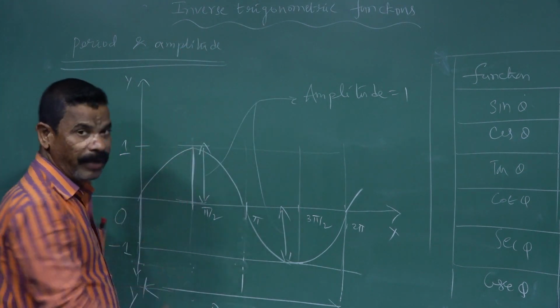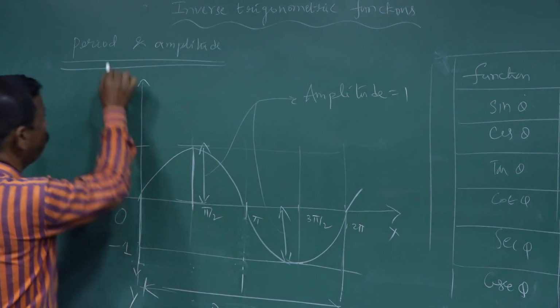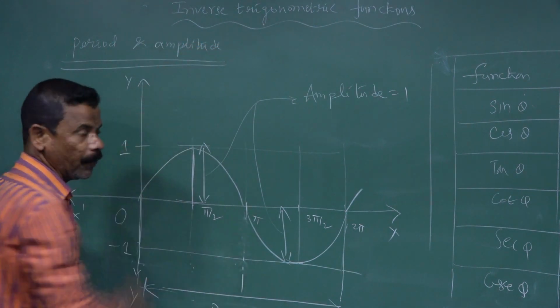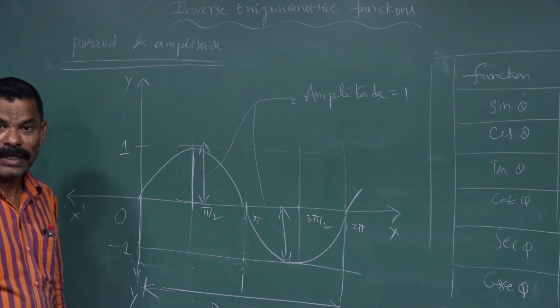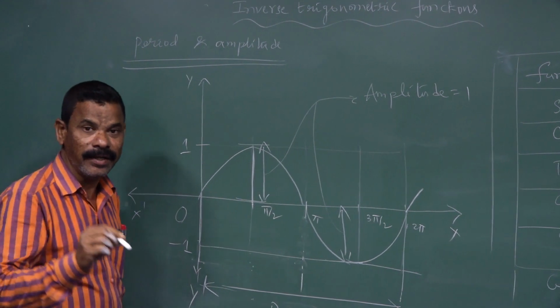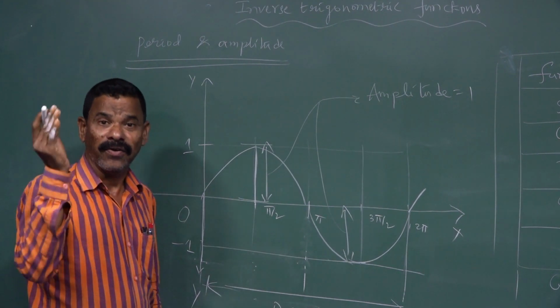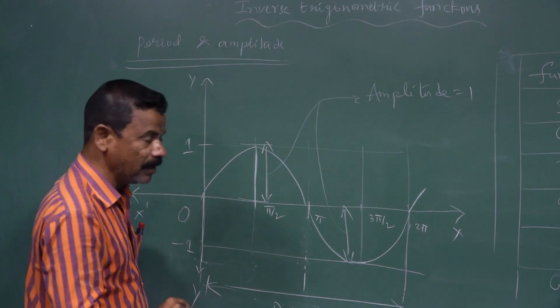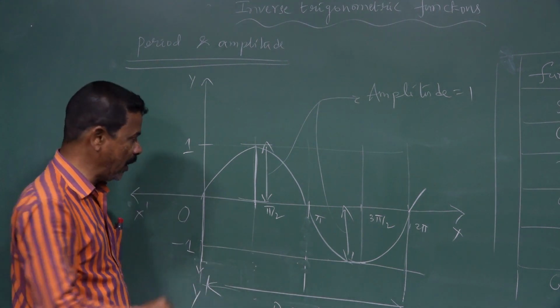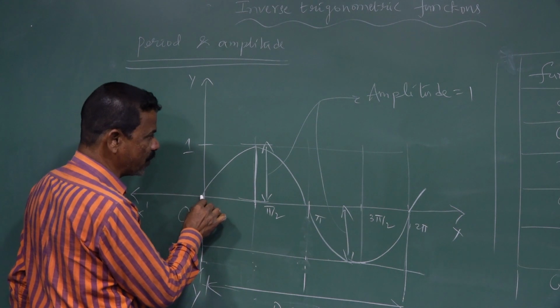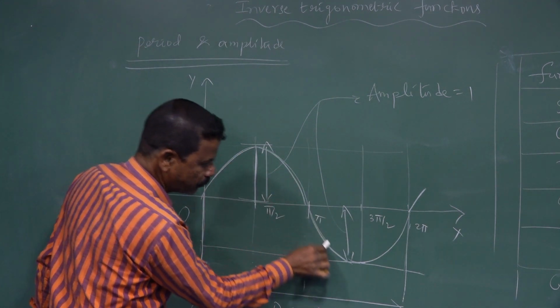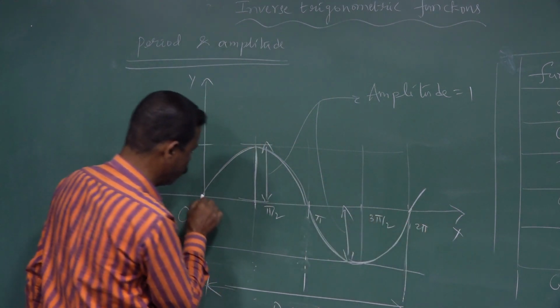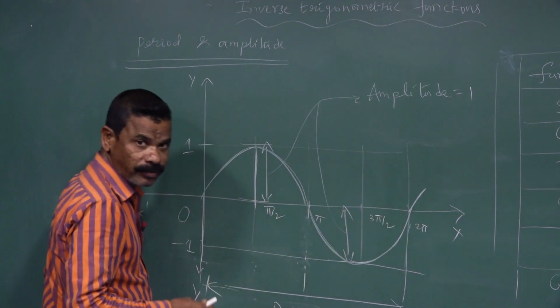In the inverse trigonometric functions, period and amplitude. What is the meaning of period? Period means one complete cycle. For the sin x function, this is the sin x graph, from 0 to 2π.